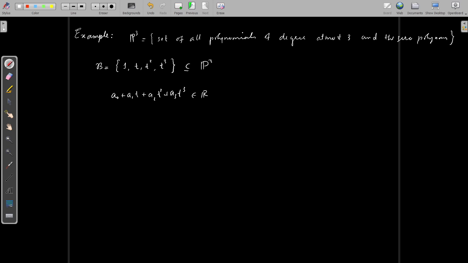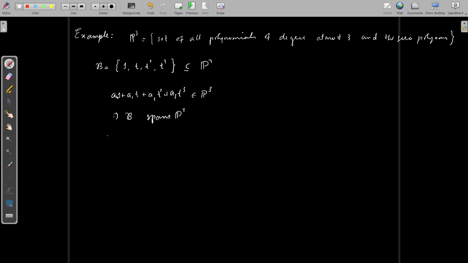You can write a0 as a0 times 1, and so on. So the set B spans P3, because any arbitrary element can be written as a linear combination of 1, t, t square, t cube. These are the elements of P3.